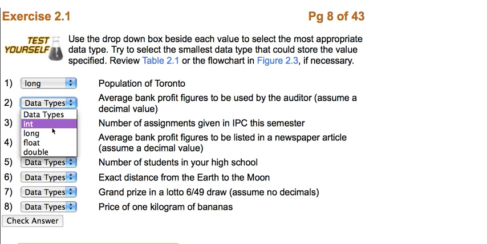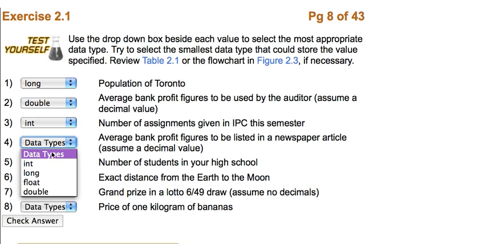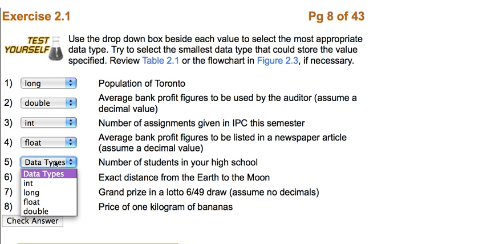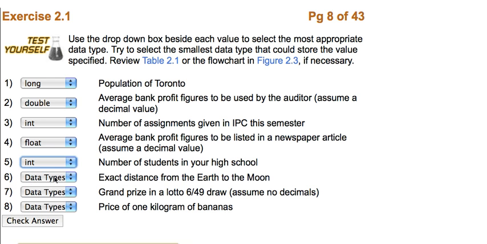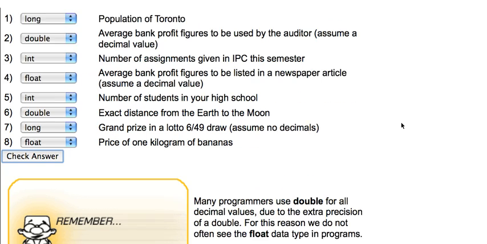Average bank profits: double. Let's check if our answers are correct. Yes, our answers are indeed correct. Let's move on to the next example.